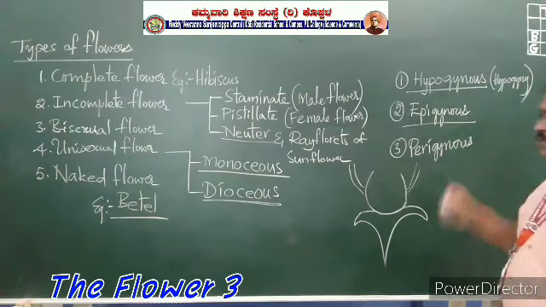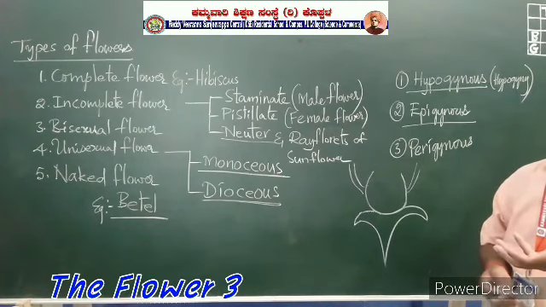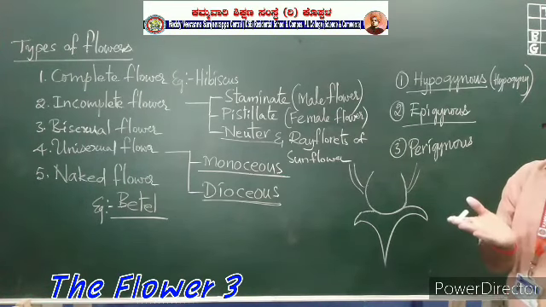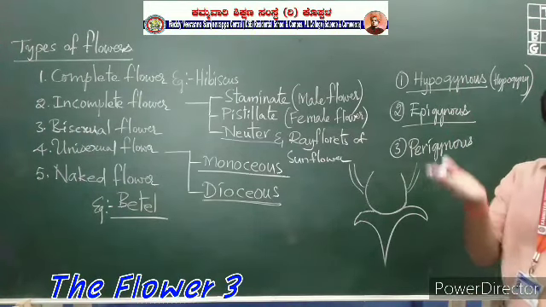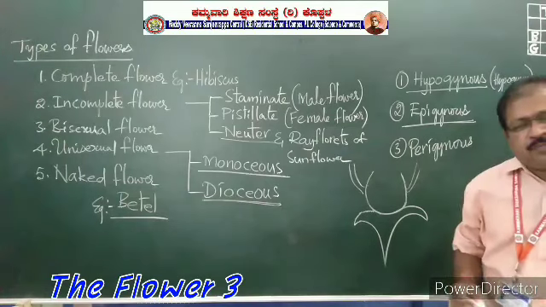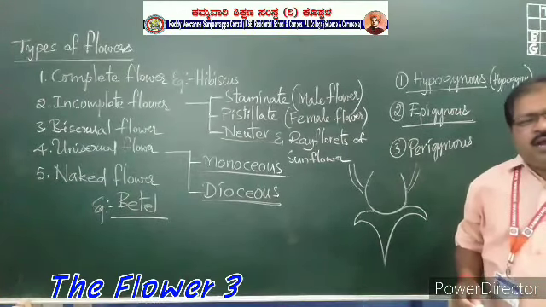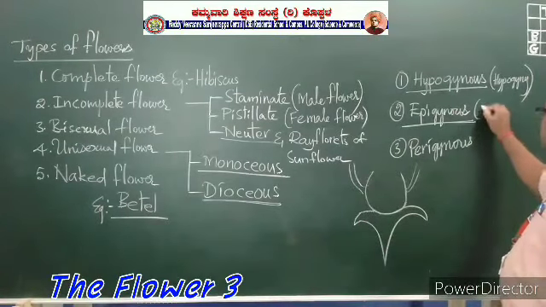And epigynous, in this, the ovary will be below the axis, and all other floral parts will be above the ovary. That is called epigynous flower, and this condition of the flower is called epigyny.